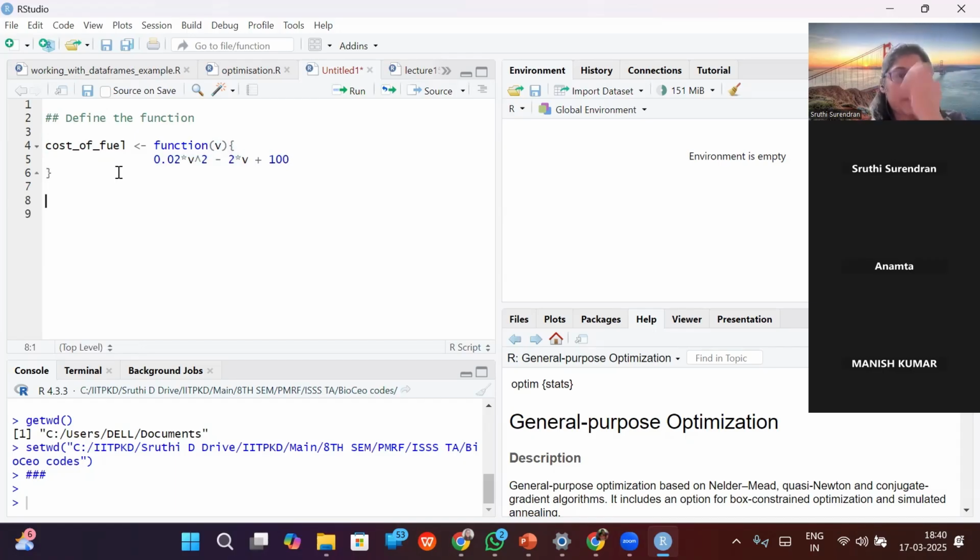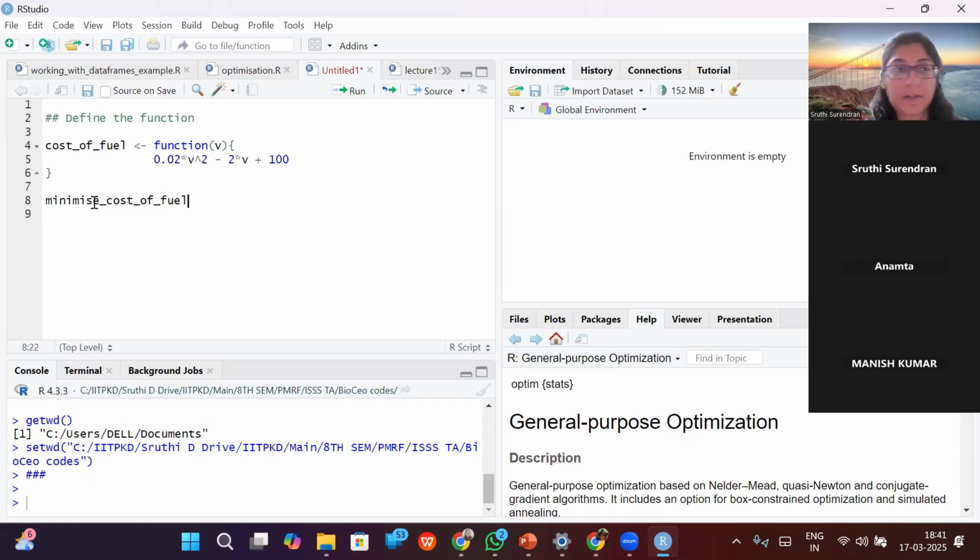Next, we are going to write the objective function. Here we just have the equation for the cost of fuel. Our objective function is to minimize the cost of fuel.